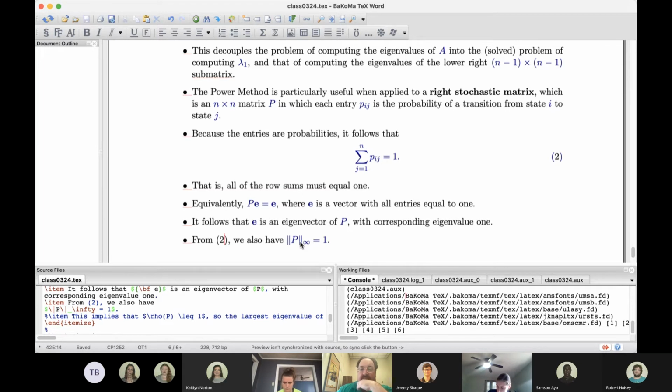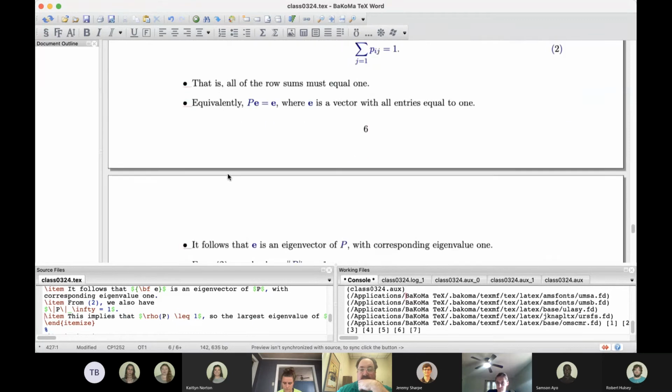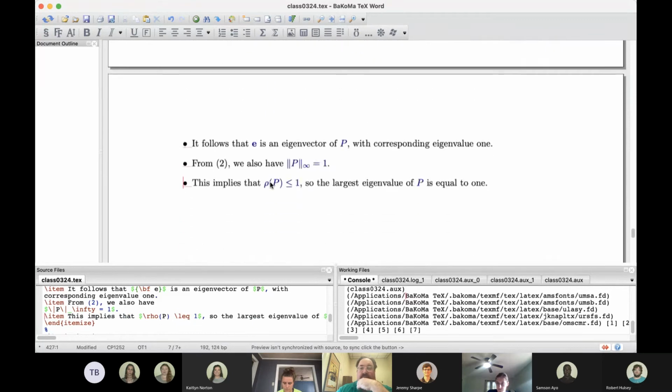That's the infinity norm, so that would be 1 also. Now, what that means is that the spectral radius is less than or equal to 1. The spectral radius is the magnitude of the largest eigenvalue. So not only is 1 an eigenvalue of this matrix, it's the largest eigenvalue.